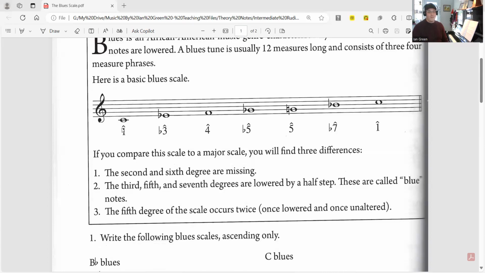Here is the blues scale written using C, and I will play the notes and then explain how we can find that same scale on any note. The blues scale sounds like this.